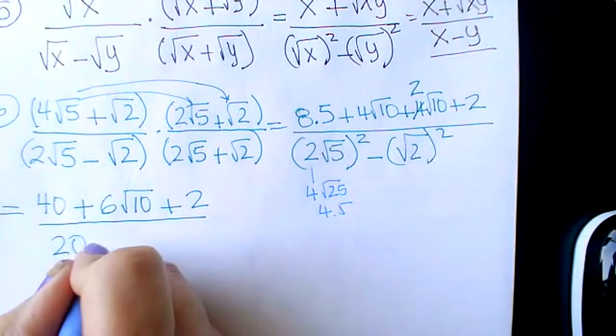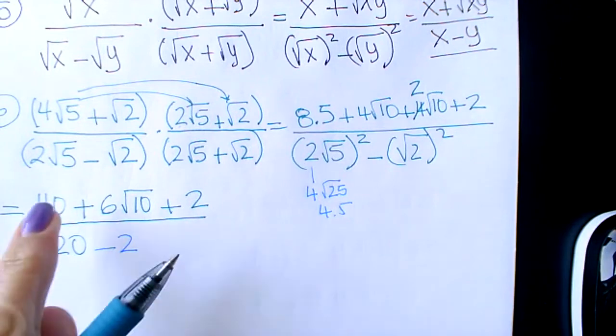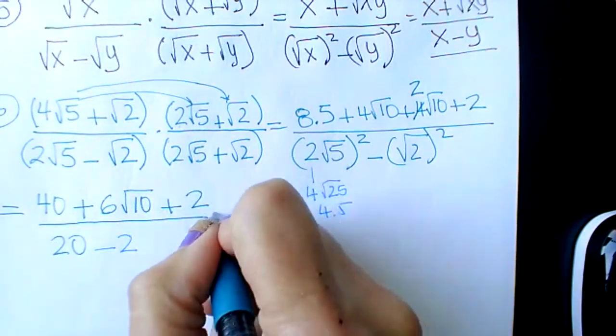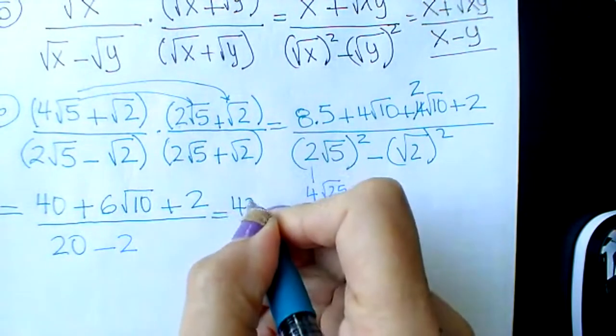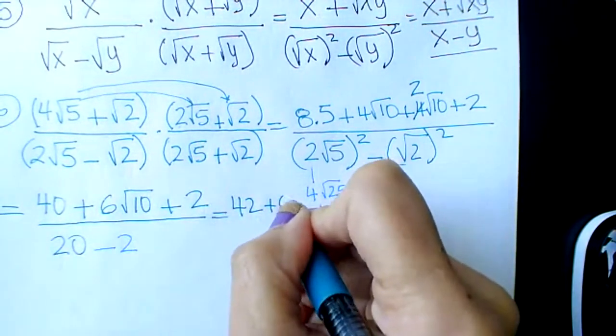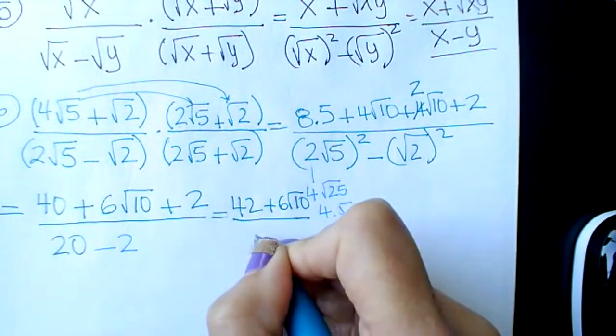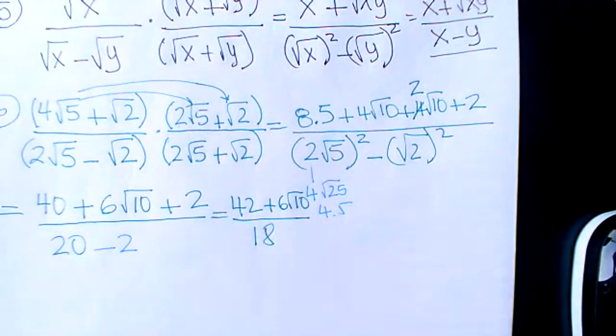And we know that this one is going to be 2. So 4 plus 2, 42. 20 minus 2, 18.